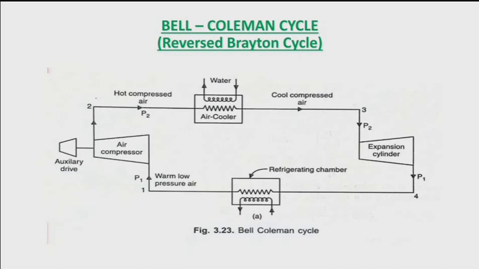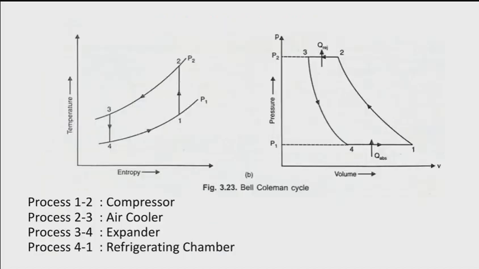Inside the refrigerating chamber there will be a coil, and the hot air passes nearby the refrigerating chamber, absorbs that coldness and becomes cold. Okay, so all these processes are explained in detail in the next slide.